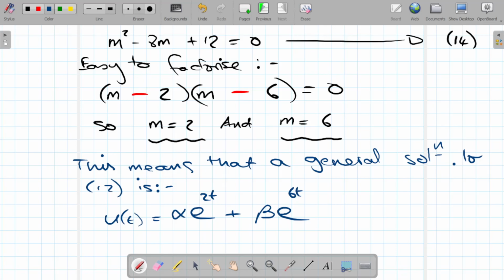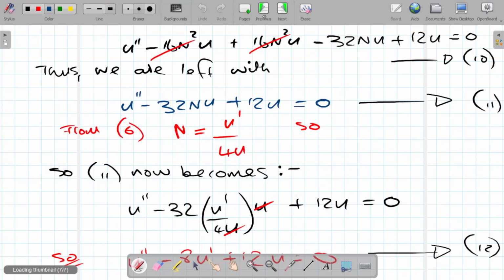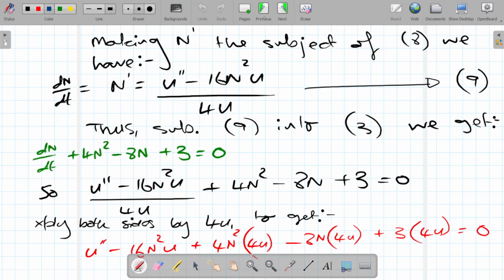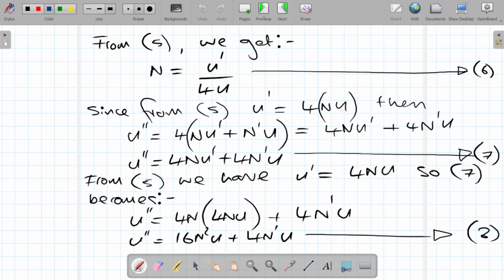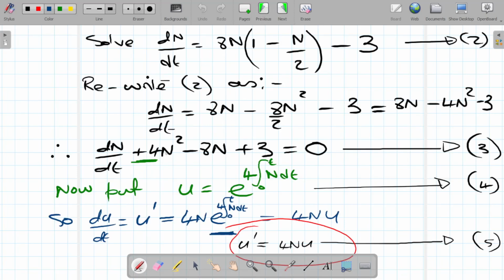So we've actually got to find what n is. If you remember, the original equation was in equation 3. This is equation 3, the equation that we were solving, and that's in terms of n and t.